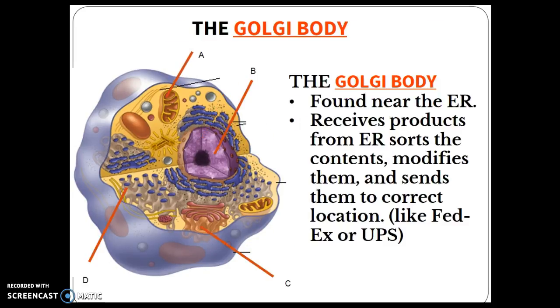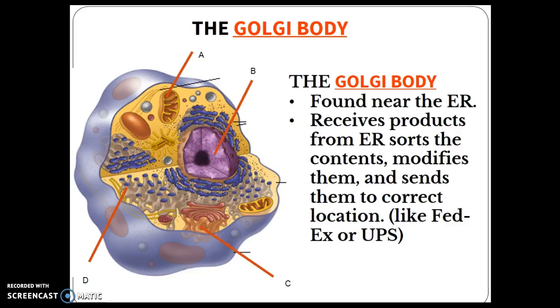Golgi body, found near the ER, receives products from the ER, sorts the contents, modifies them, and then it's going to send them to the correct location. This is the packaging system and the delivery system, FedEx or UPS. Think of FedEx or UPS.